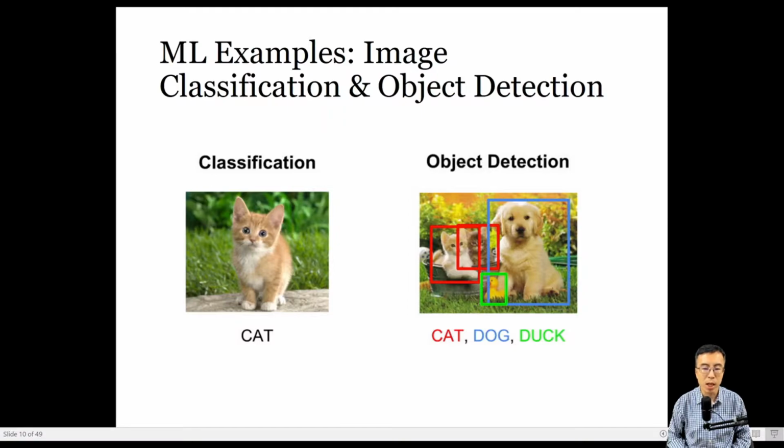Whereas object detection is another very popular computer vision task in which the machine tries to identify one or multiple objects from a single image. For example, here in this image, we have 2 cats, a dog, and a duck, a toy duck.